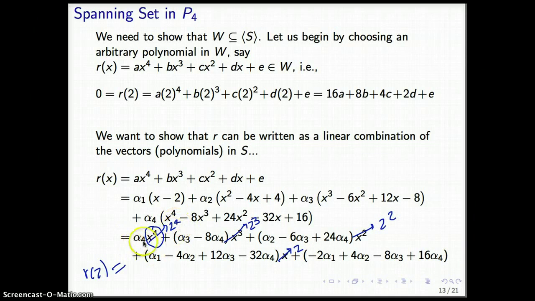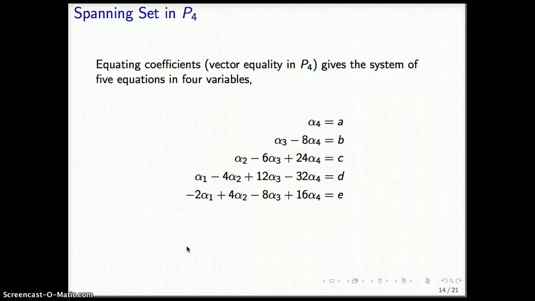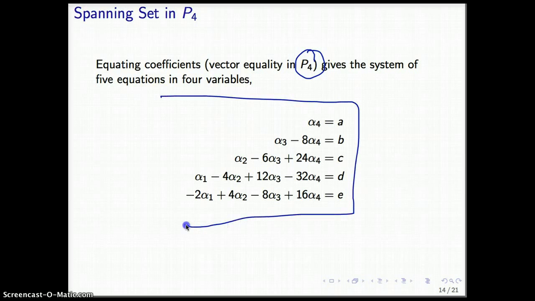So 2 to the 4 is 16 alpha 4, this is 8, and so on. So this will lead to a set of equations that, when compared, as we handle equations in P4, then we find these variables. I mean, these equations over here.